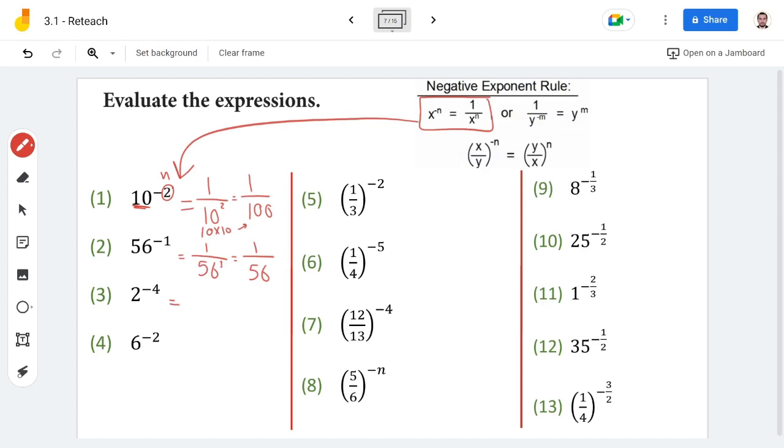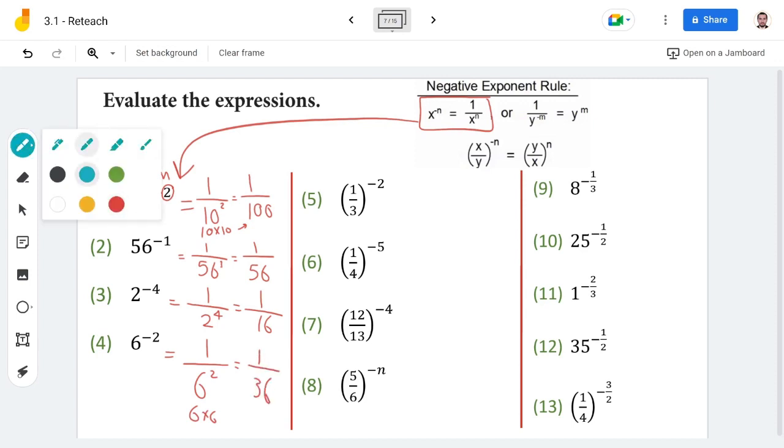This one here, 1 over 2 to the power of 4, means 2 times 2 times 2 times 2. So 2, 4 times, means 16. Now this one, 1 over 6 to the power of 2, 6 times 6, which is equal to 36. So now this is my first question.